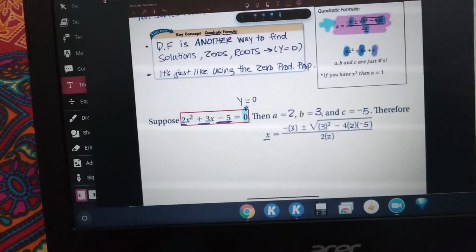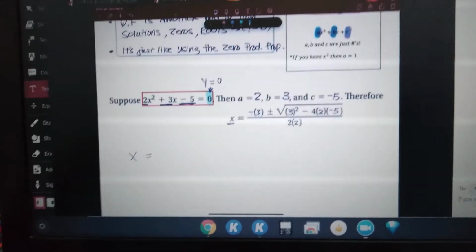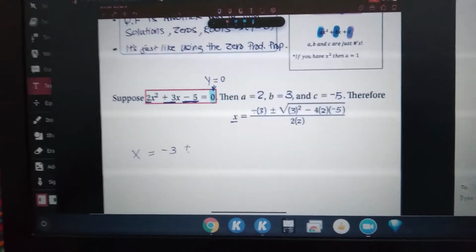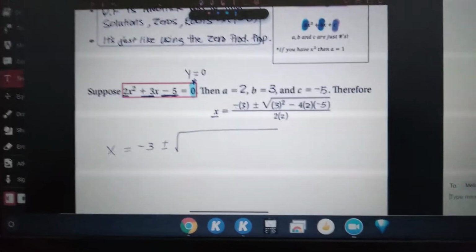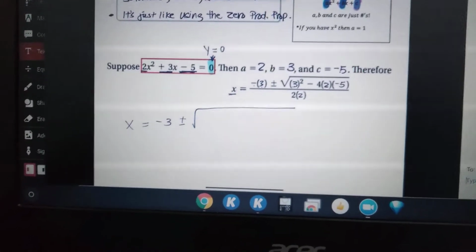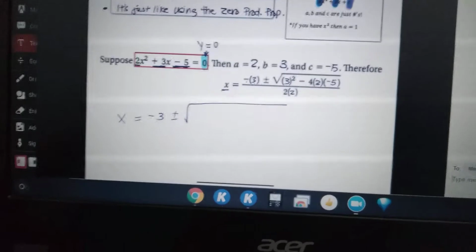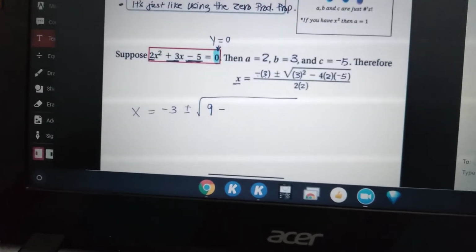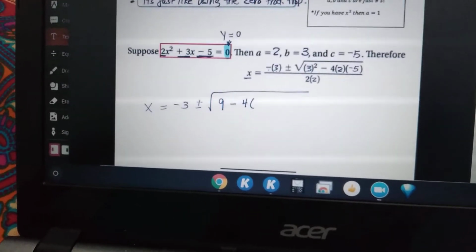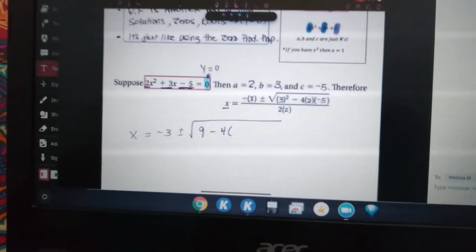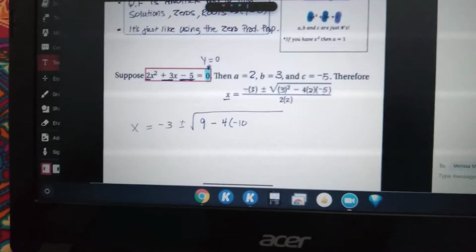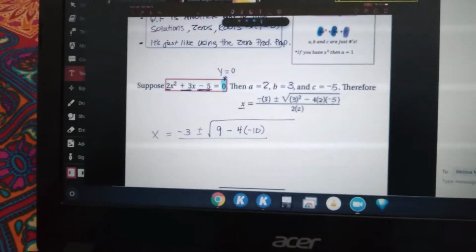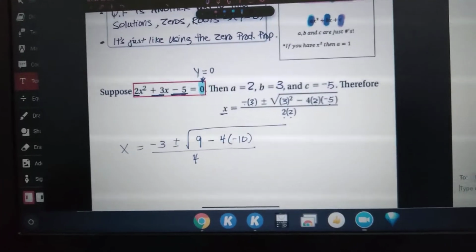Okay, so this formula simplifies to x equals negative 3, plus or minus the radical 3 squared. That's 3 times 3, 9, minus 4, and then I'm going to put parentheses, 2 times negative 5 is negative 10, all over 2 times 2, 4.